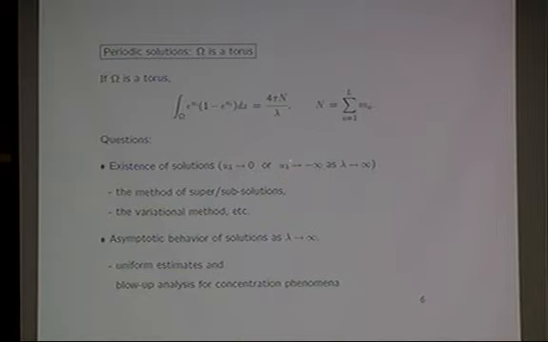So, to solve the existence problem for the solutions, we can use the method of super and sub-solutions and the variational method and so on. The next one is to refine the estimates for the asymptotic behavior of solutions as lambda tends to 0. In this case, the well-known method of uniform estimates and blow-up analysis for concentration phenomena can be used.